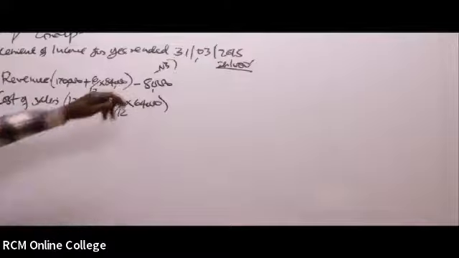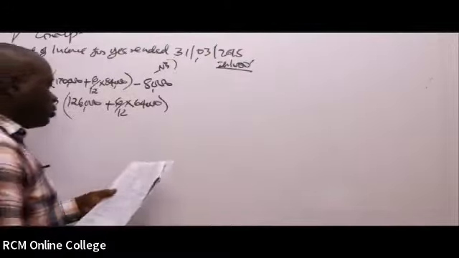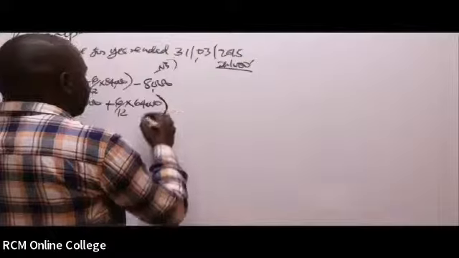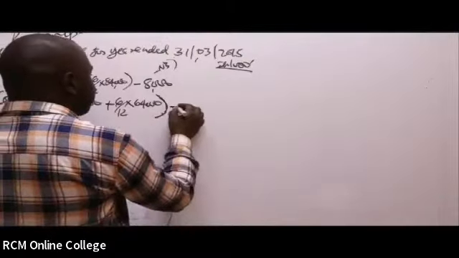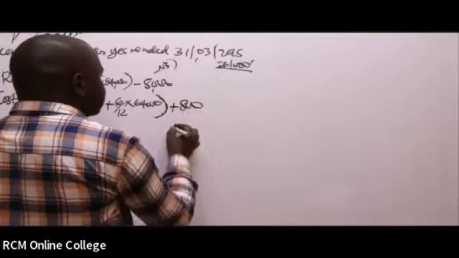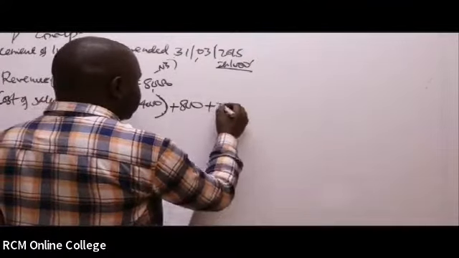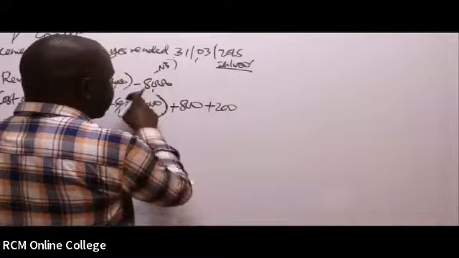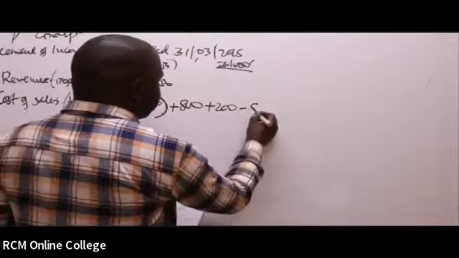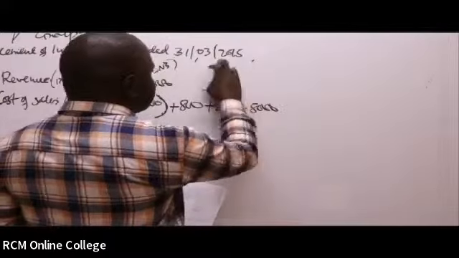We have adjustments here: the unrealized profit of 800, the depreciation undercharge of 200, then the intercompany sale of 8 million. We less it.